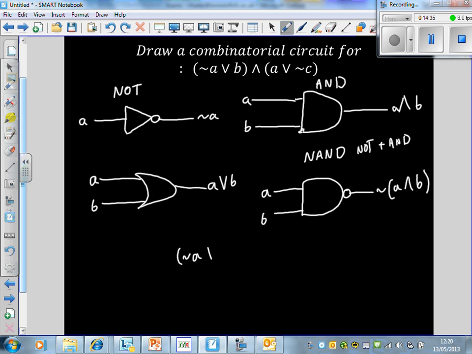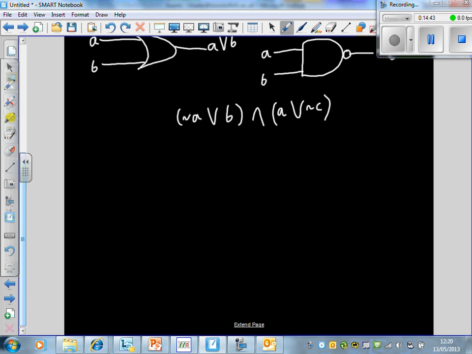So now we can draw these circuits using these gates instead, and we're after the circuit not A or B and A or not C. Now, if we draw in a switching circuit for this, let's do that, no problem. We're going to have to gang A because it appears twice.